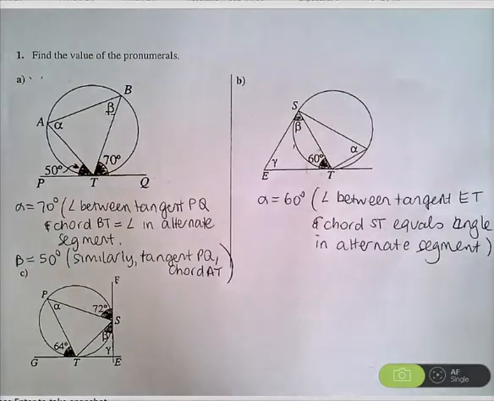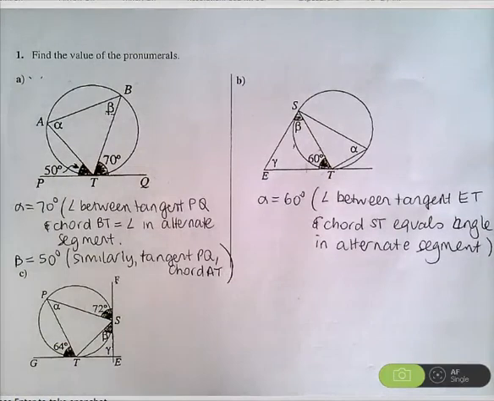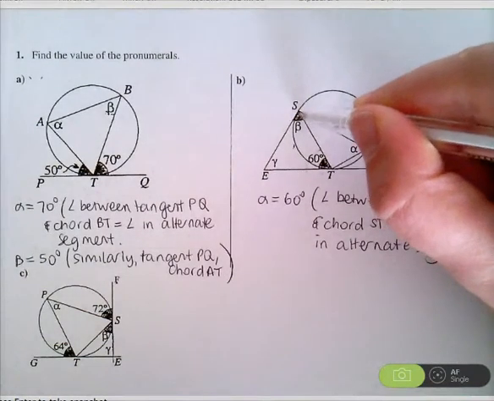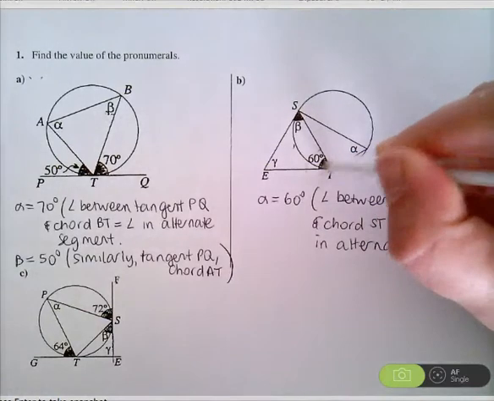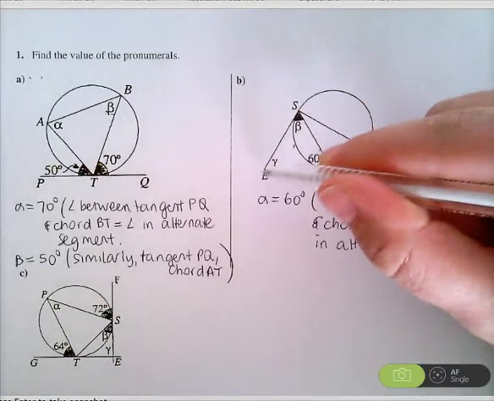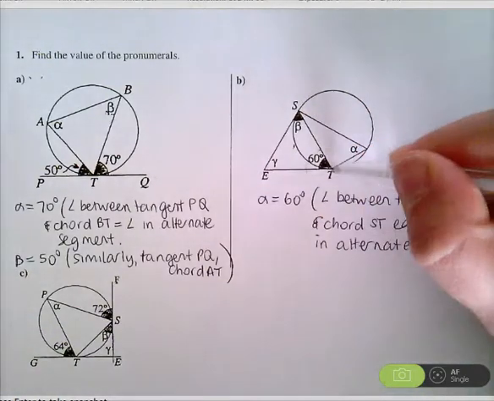Now just looking at beta as well. We know that beta is this whole angle there, and this angle 60 degrees is that whole angle. So beta is actually angle EST, and this 60-degree angle is angle ETS.